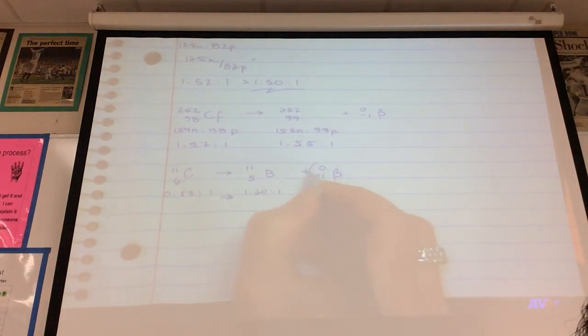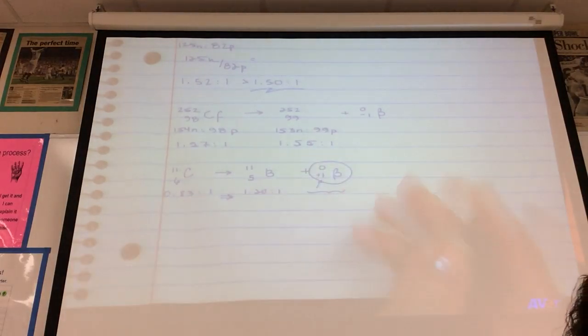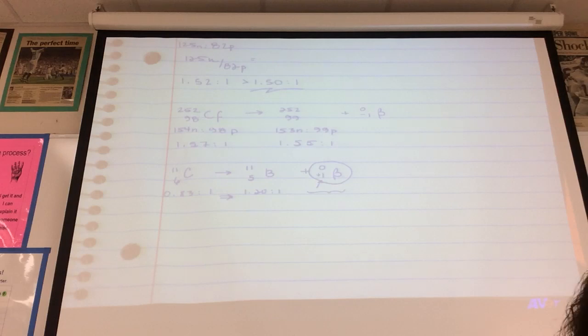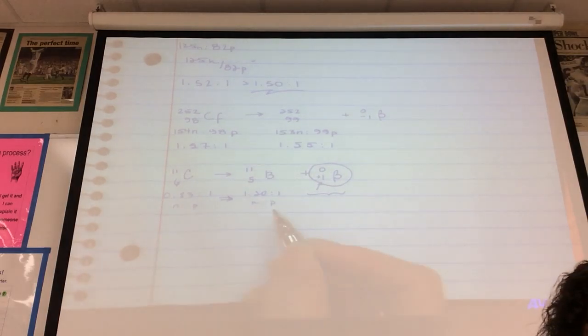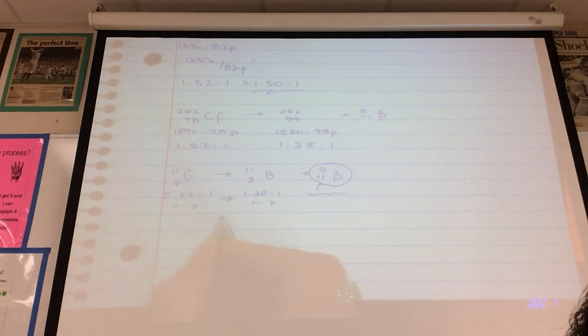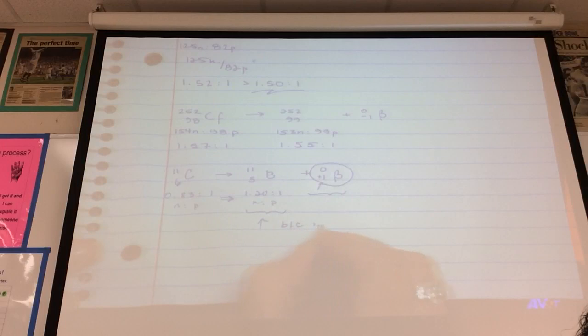Know what a positron is and know how to write the equation, and from there you can interpret. So if I asked you what the neutron to proton ratios were, you could show me, and if I asked you whether it increased, decreased, or remained the same, in this case the neutron to proton ratio does what? Increases, because 1.20 is greater than 0.83.